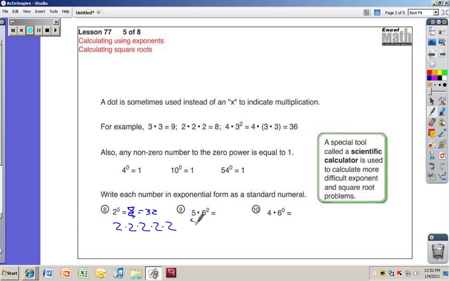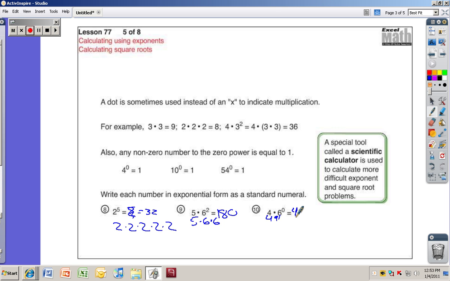And then 5 times 6 times 6: 5 times 6 is 30, 30 times 6 is 180. Okay, and then for number 10, it's 4 times 1, which you know is 4.